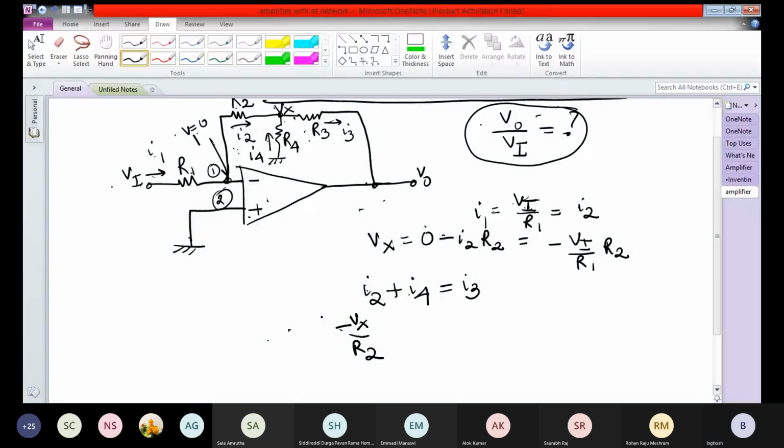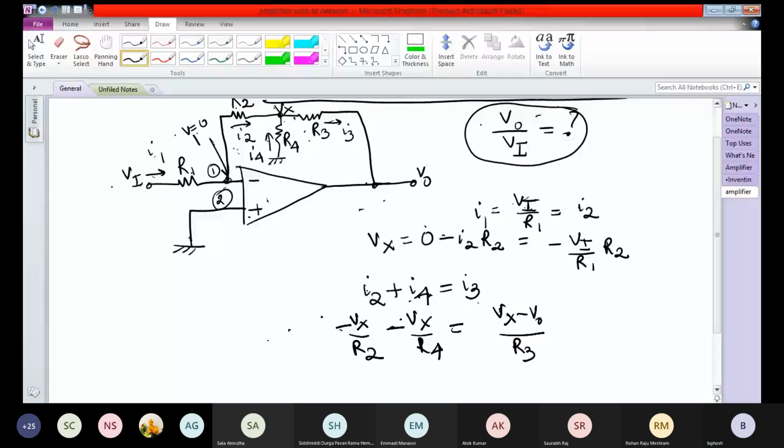What is I4? 0 minus Vx by R4. So minus Vx by R4. And what is I3? Vx minus V0 by R3. So you see how simple operational amplifier circuit analysis is. It is nothing. Once you know the characteristics, it is nothing. It is one of the simplest things probably you can do.